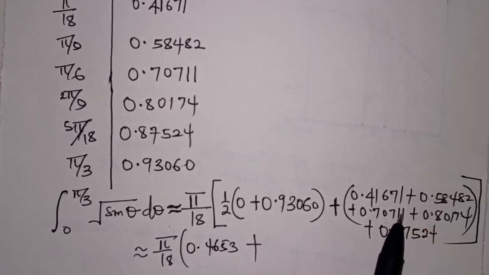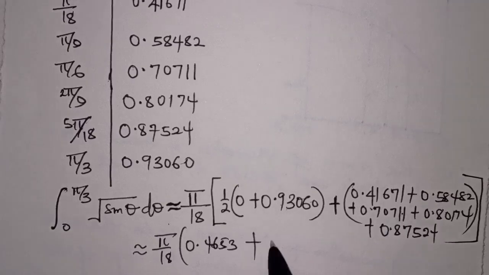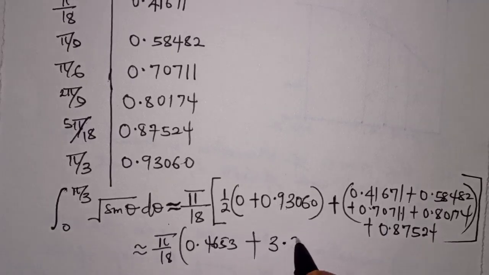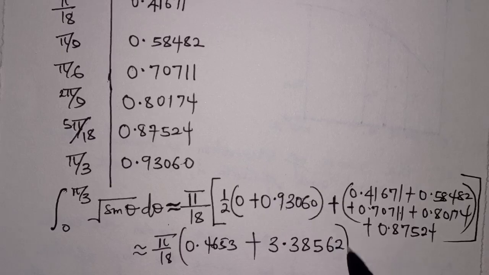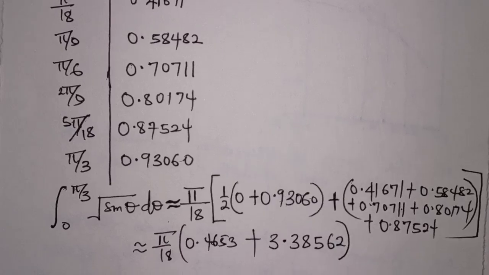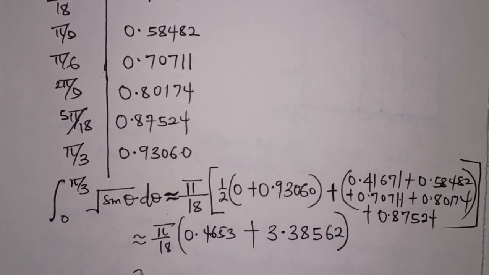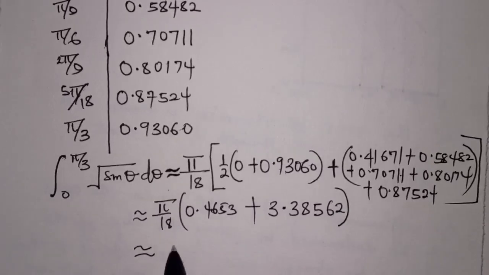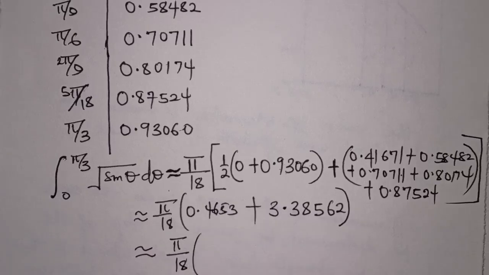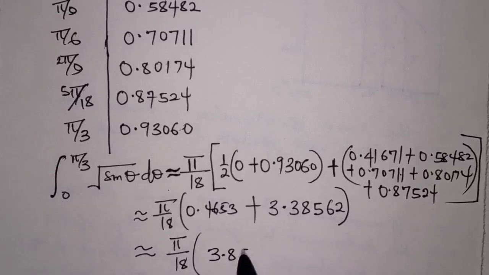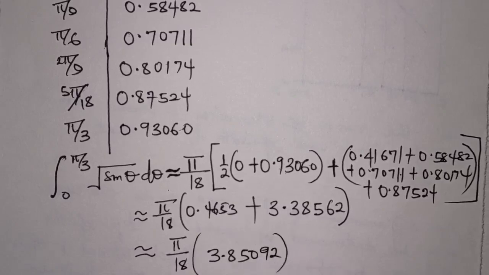Adding up the other ordinates, we're going to have 3.38562. Be very, very careful of errors, okay? So we have pi over 18. If you add this and this, that will be 3.85092.